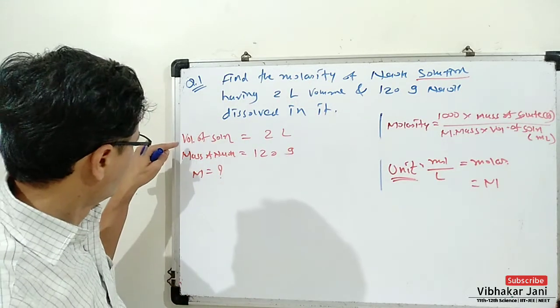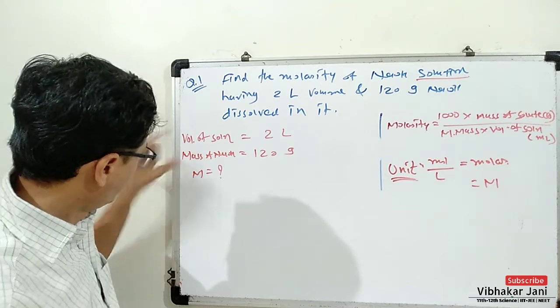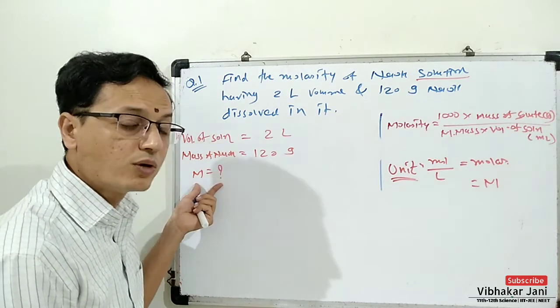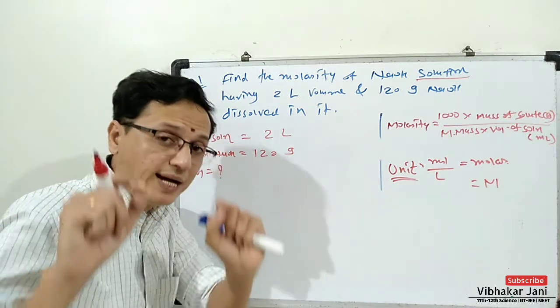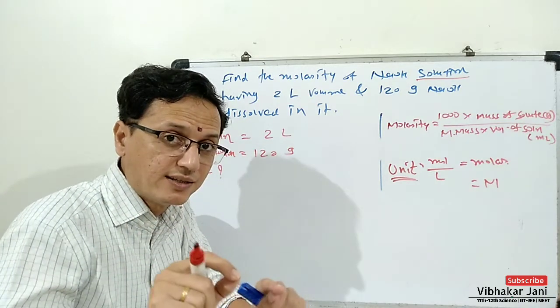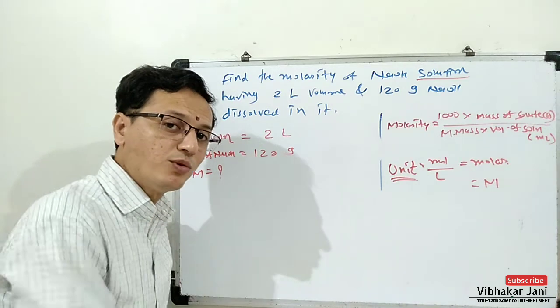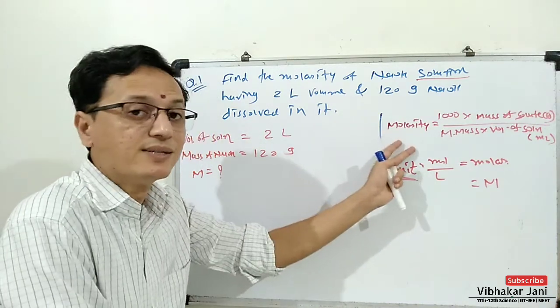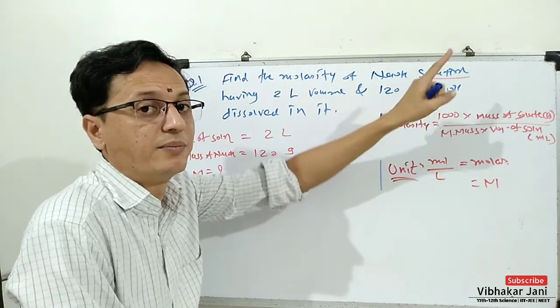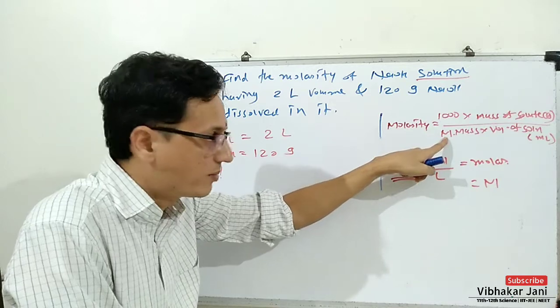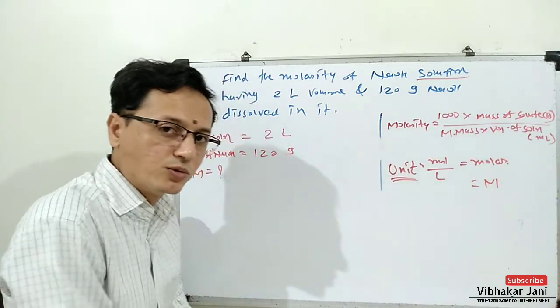Now we have made the list of given data and we came to know that we are asked to find molarity. So if molarity is to be found, then we have to remember the formula of molarity, and molarity is equal to 1000 multiplied by mass of solute in gram divided by molecular mass multiplied by volume of solution.